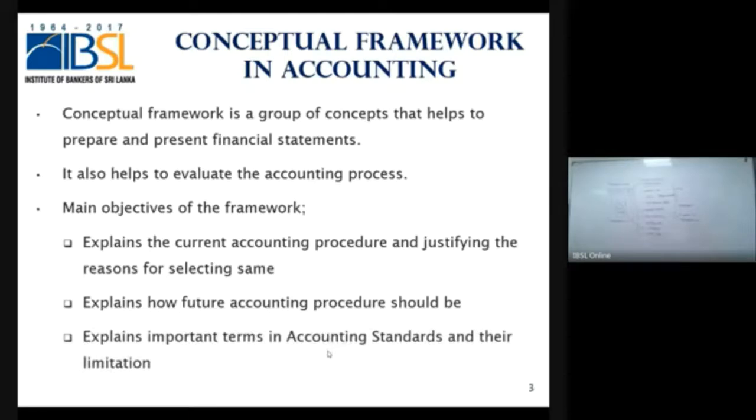Very importantly, you will come to know the important terms in accounting standards and their limitations, whether you can use it, or if you are to use it, to what extent you can use it. All those will be known to you by way of the conceptual framework.